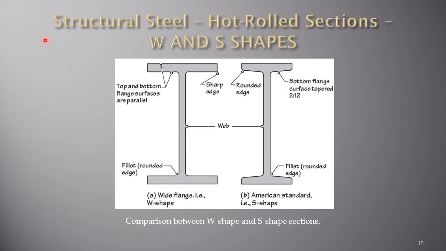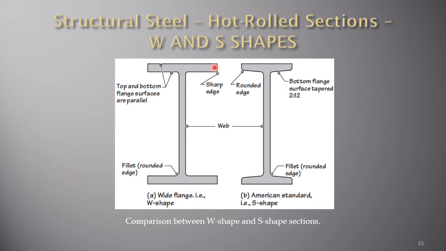Now, here's the comparison between W and S shape sections. They both resemble each other, except in the S section the bottom and top flanges are tapered as opposed to being straight, with rounded edges rather than sharp edges.